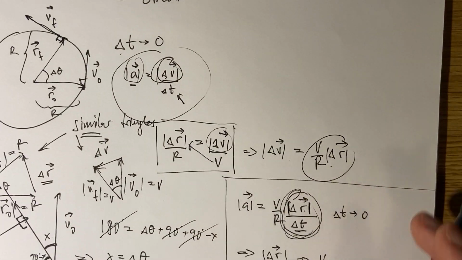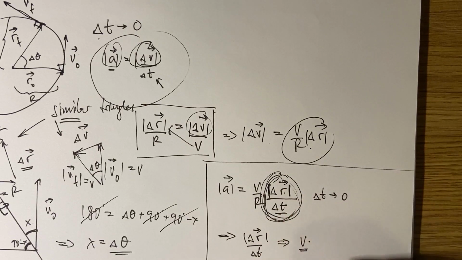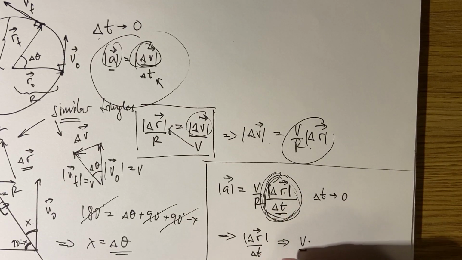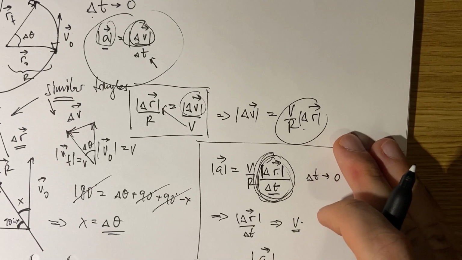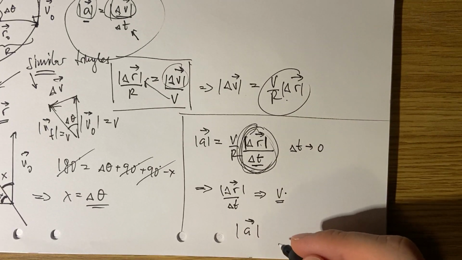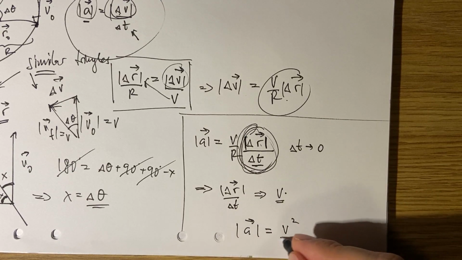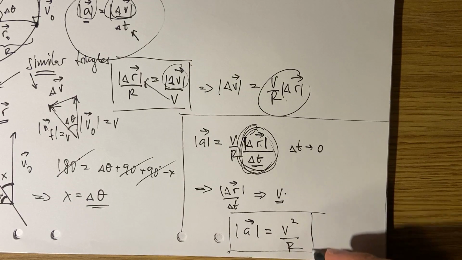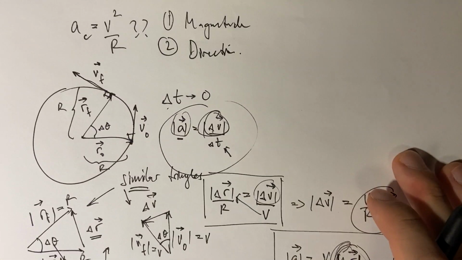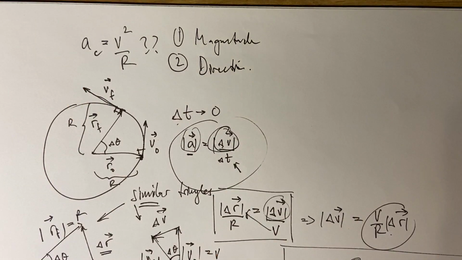And if we insert v instead of this expression, we will get that the magnitude of the acceleration vector equals v squared over r. So now we have proven why the magnitude of the acceleration vector is v squared over r.